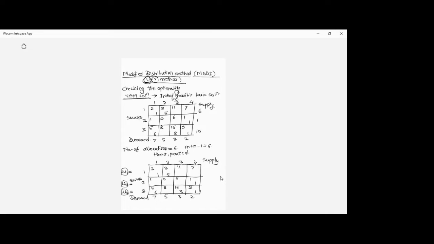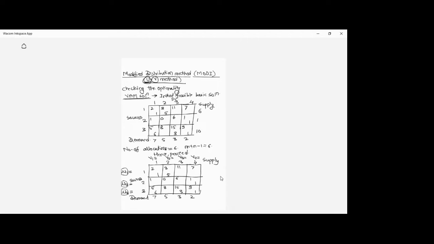Similarly for the distribution centers, we are going to write v1, v2, v3 and v4. So we are going to find out these values of u1, u2, u3, v1, v2, v3 and v4.